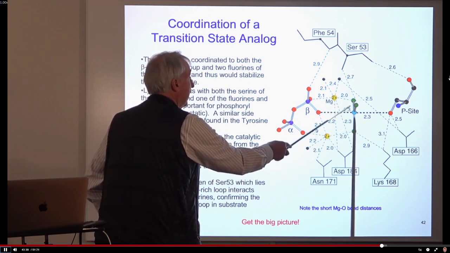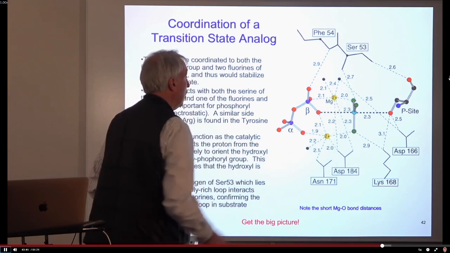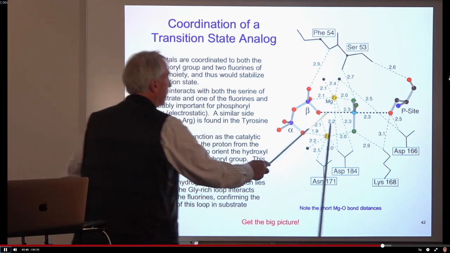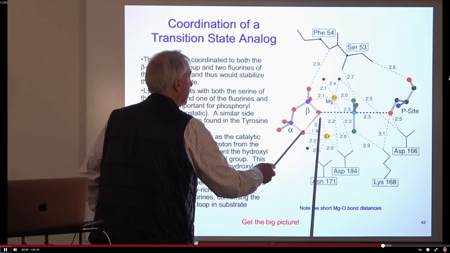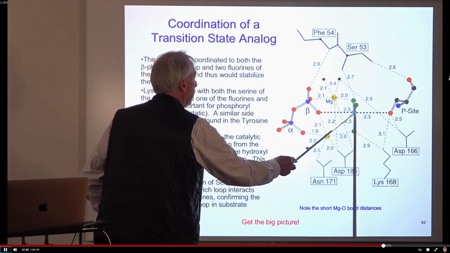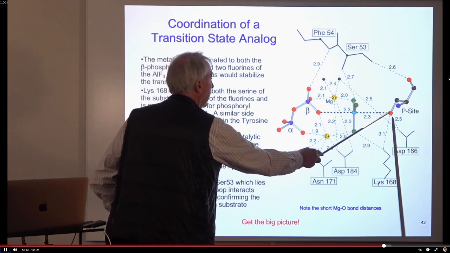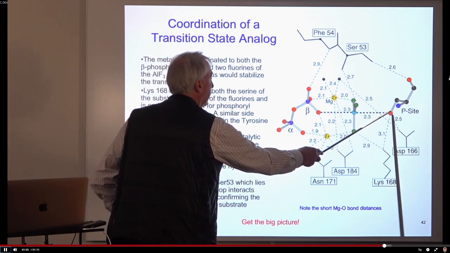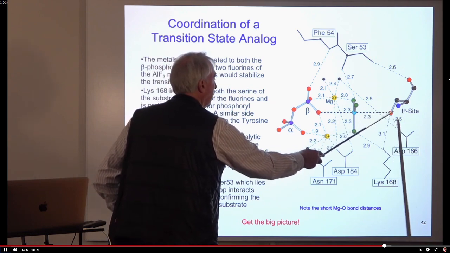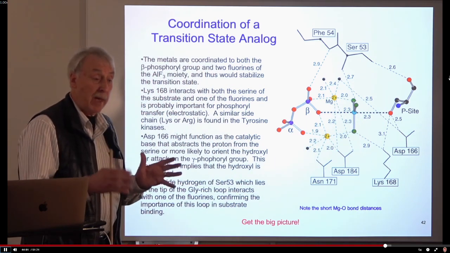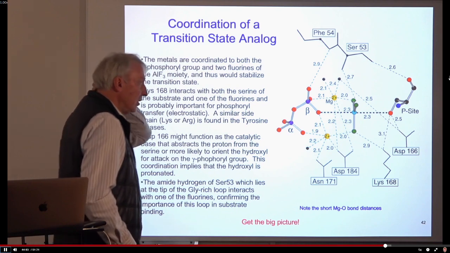So these are mimicking the oxygens that you would expect, although they are not the oxygens of metaphosphate. Then you have a slightly longer bond distance between the central metal and the oxygen on the beta phosphate and on the acceptor oxygen of the serine. So it's halfway in between, mimicking what you would expect to see at the transition state.